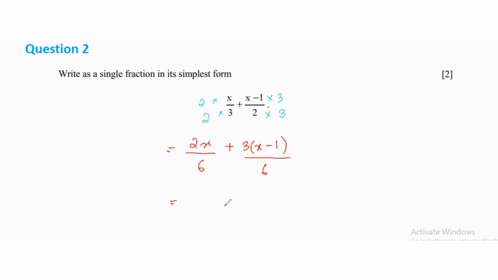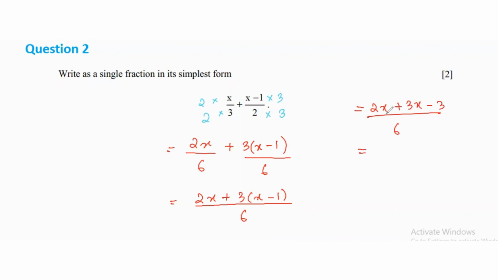Now that the denominators are equal, we can rewrite the fraction as a single fraction and combine the numerators. We can expand the brackets, 3 times x minus 1, which gives us 3x minus 3.